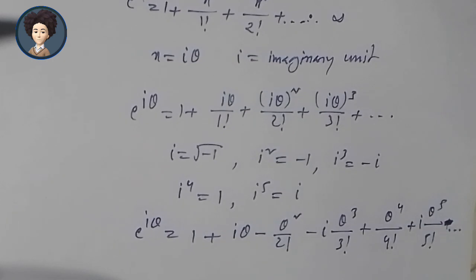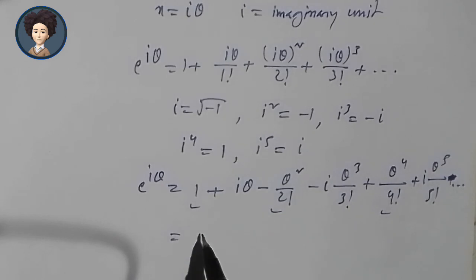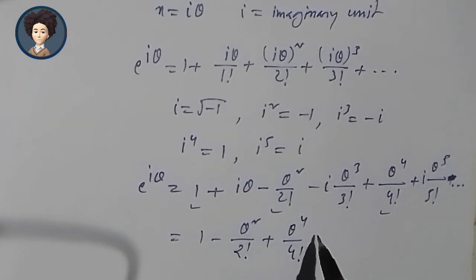And now we need to arrange the terms so that the real part is in one group and the imaginary part is in another group. Let's collect all the real parts. We get many terms, but I'm not going to write them all. So 1 minus theta squared by 2 factorial plus theta to the power 4 by 4 factorial minus, and so on.